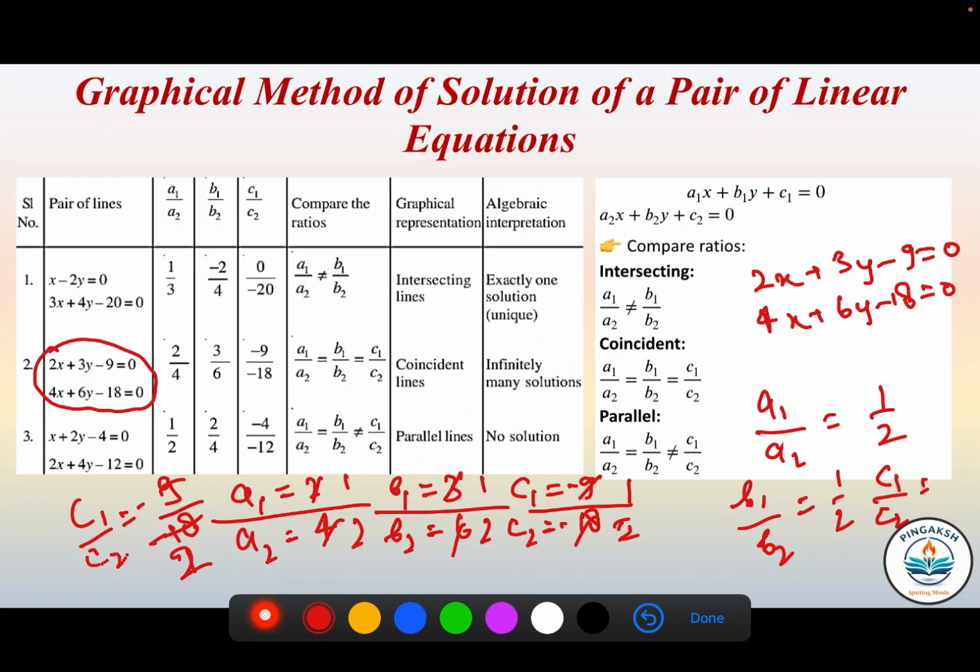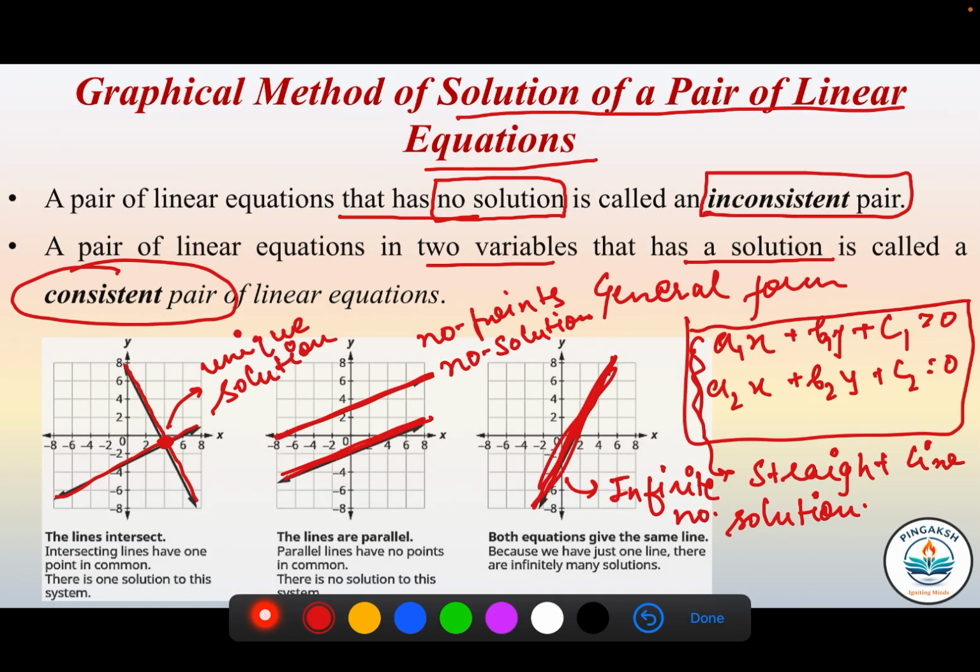Since all the ratios are equal, the lines are coincident, meaning both lines are the same, so there are infinitely many solutions.